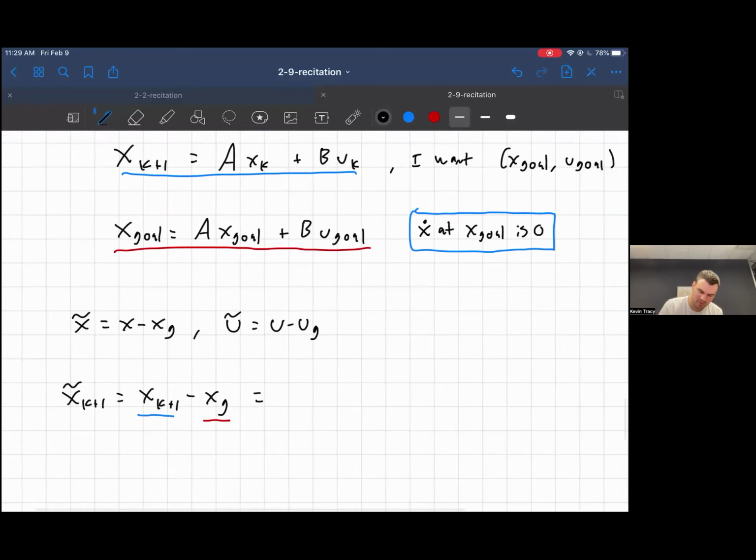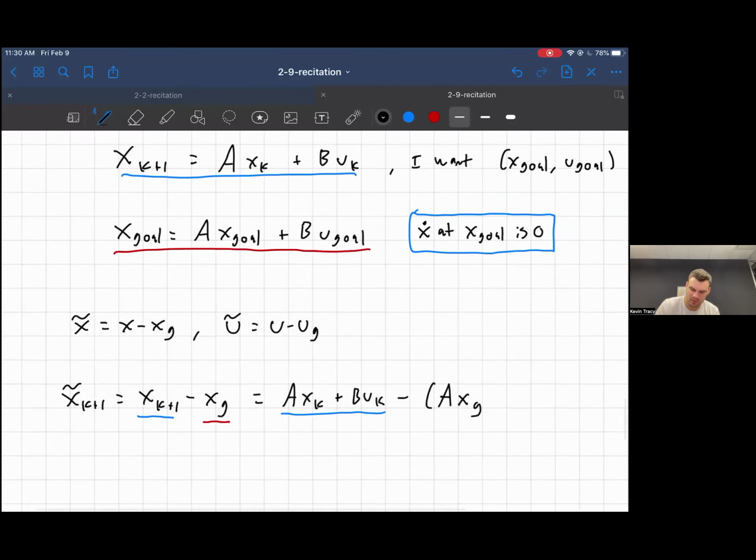So now I'm just going to substitute in what I have up here, which is AXK plus BUK. And then if I look at what my X goal was, this would be minus my X goal. I'll just use XG for goal. Save us the pain.